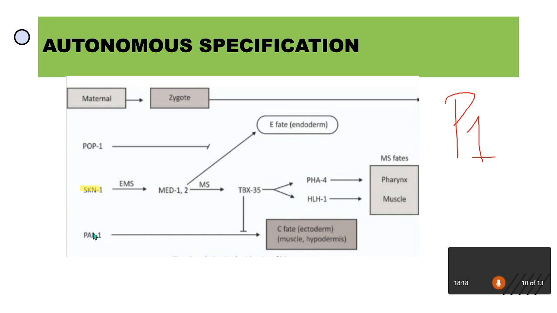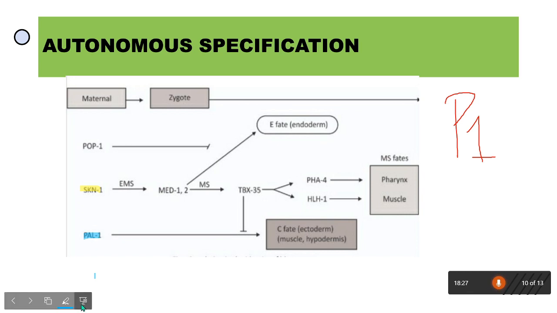Then another cytoplasmic factor is PAL1. PAL1 is another transcription factor, and it is essential for the fate of C. C fate is being determined by PAL1: C fate, ectoderm, muscle, hypodermis.